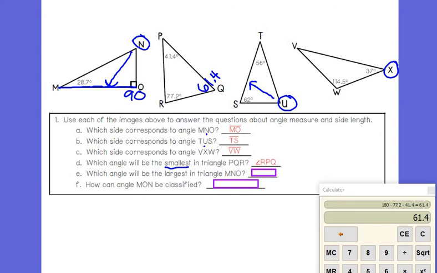Acute. So is this missing angle going to be bigger than 90? No, it's got to be smaller. So they're asking which angle will be the largest in MNO. Who has to be the largest? O. So how do I say that? N-O-M or M-O-N? Because O is the largest in this case.